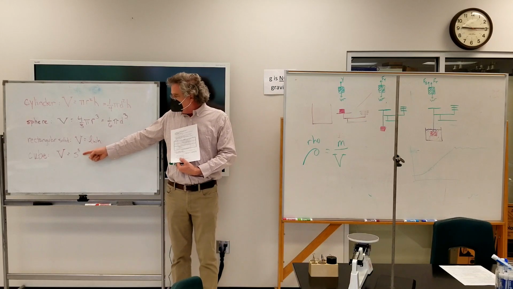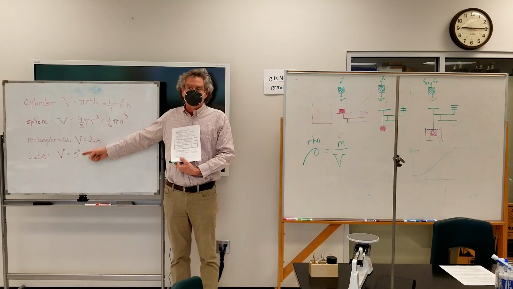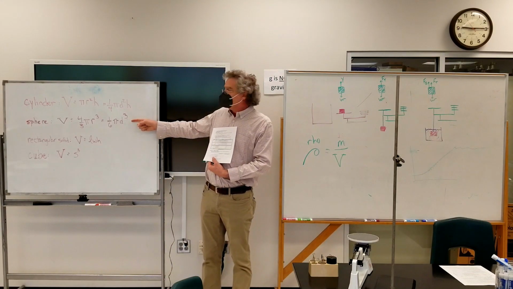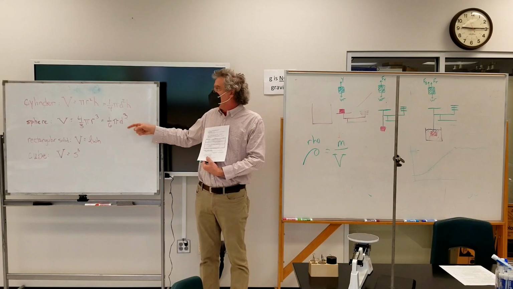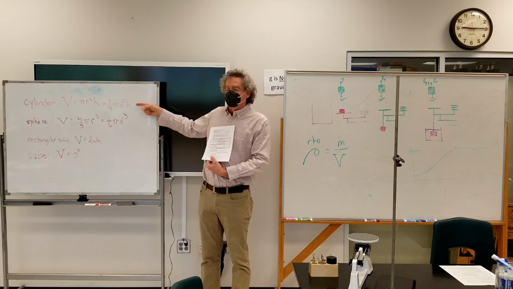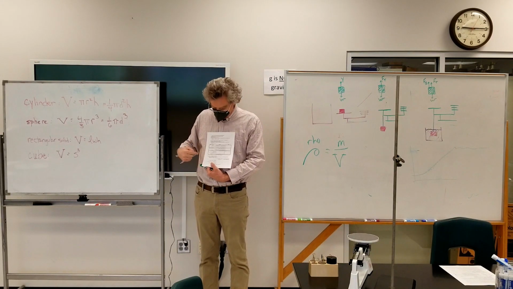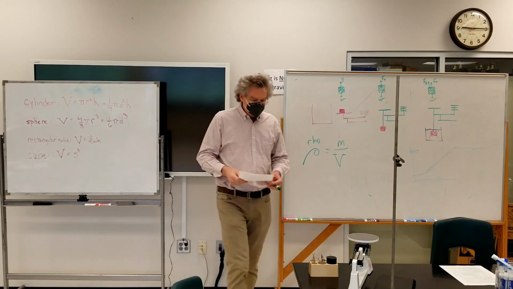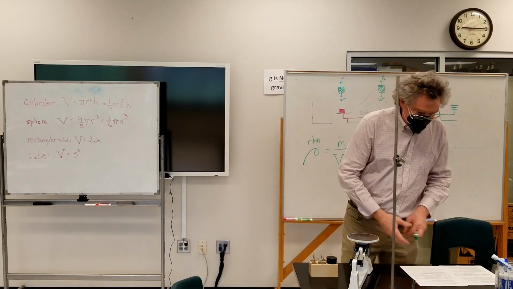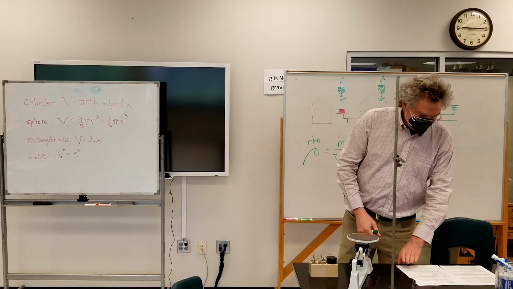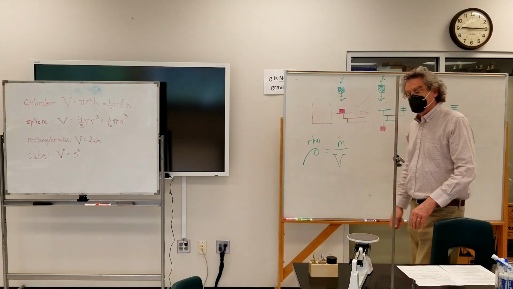If you're doing a cube, you only need 1 of them. If you're doing a sphere, you only need 1, probably the diameter. If you're doing a cylinder, you need 2. So however many things you have to measure, that's the number of these that you're going to fill in. Questions here?